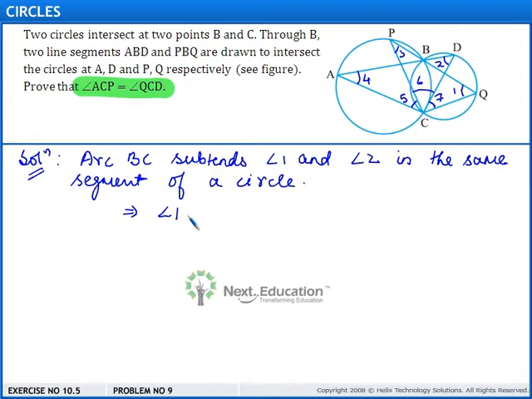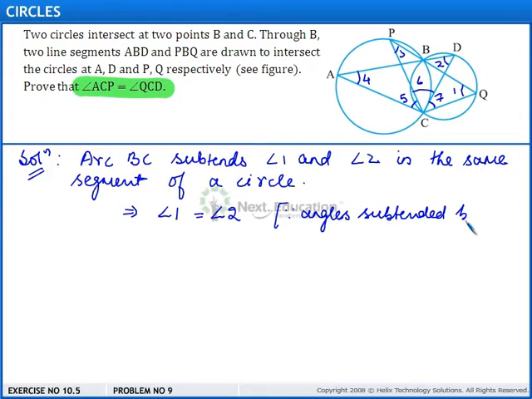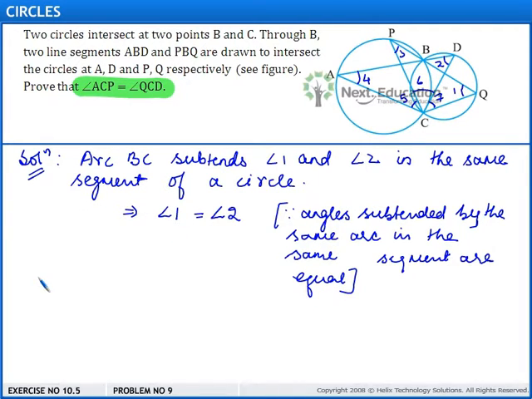This implies that angle 1 is equal to angle 2, since we know that angles subtended by the same arc in the same segment of a circle are equal. So angle 1 is equal to angle 2.